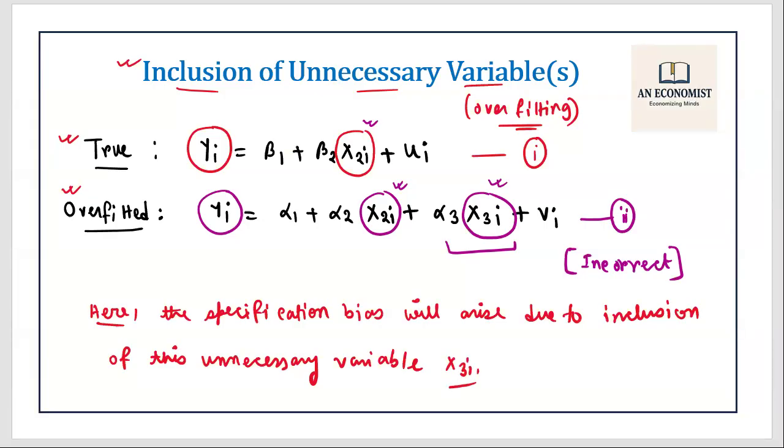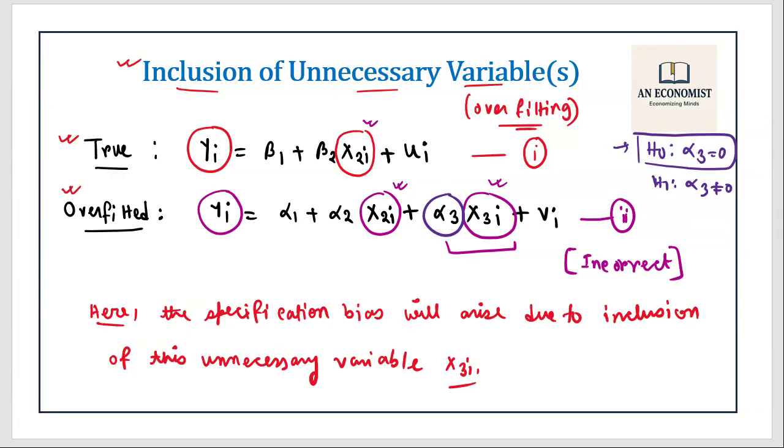Now, how do you check whether it is a necessary or unnecessary variable? That will be checked using its coefficient, alpha 3. Suppose you are doing a hypothesis test, null hypothesis alpha 3 equals 0 versus alternative hypothesis alpha 3 not equal to 0, and using the sample at 5% or 1% level of significance, you find that you fail to reject the null hypothesis. You accept the null hypothesis, which means alpha 3 is exactly equal to 0, which means x3i is not a statistically significant variable.